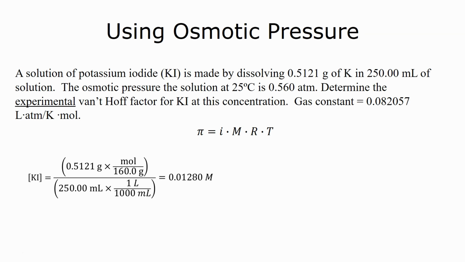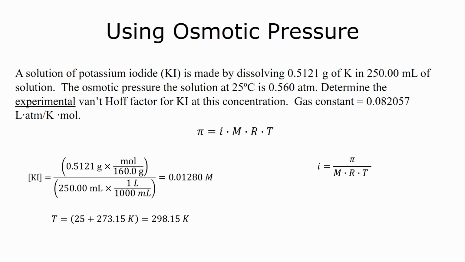First, find out the concentration of our solution. So we take our moles of KI per liter of solution. We go ahead and convert our temperature to Kelvin. And then we rearrange our equation to determine what i is. Again, we're expecting a Van't Hoff factor of around 2.